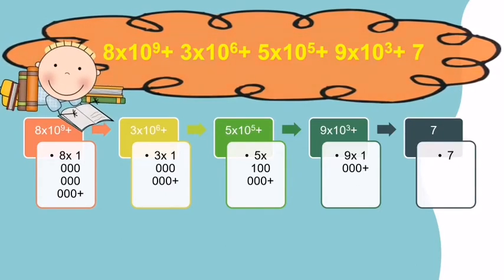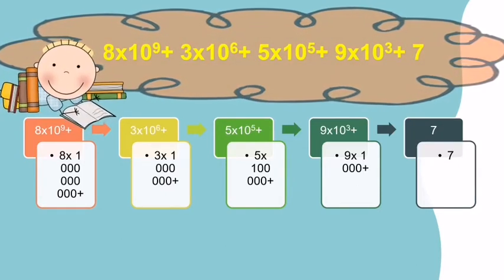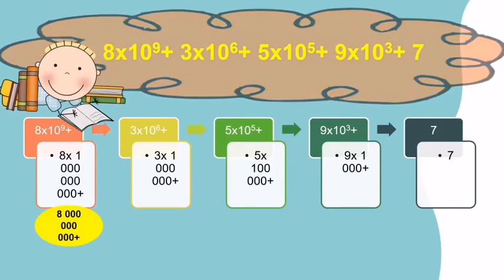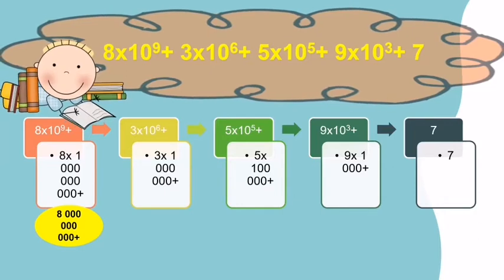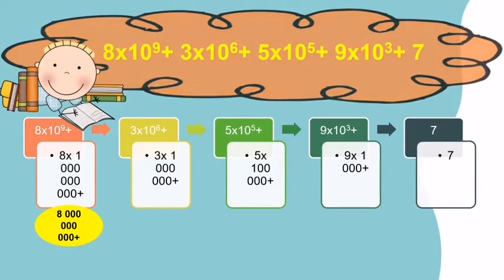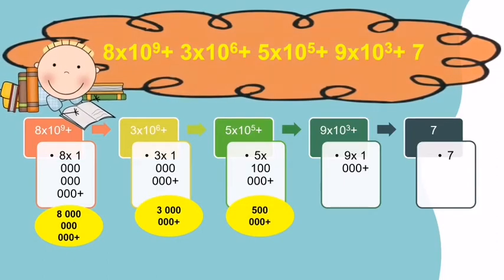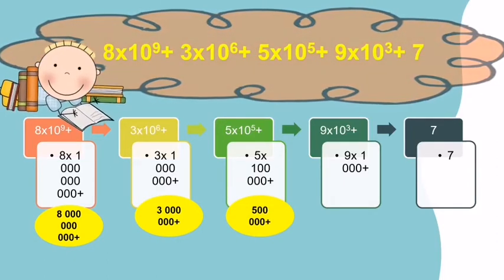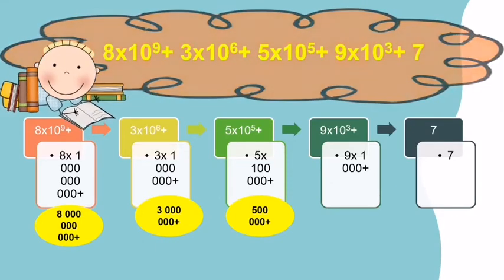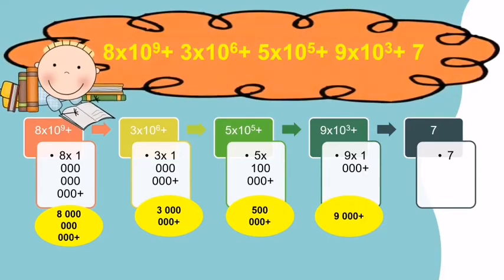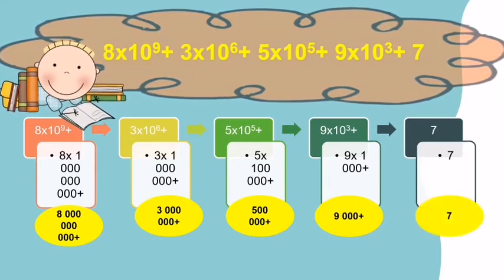Now let us multiply each term of these numbers. So we begin here. 8 times 1 billion, you got 8 billion. 3 times 1 million, you got 3 million. 5 times 100,000, you got 500,000. 9 times 1,000, you got 9,000. And okay, 7.